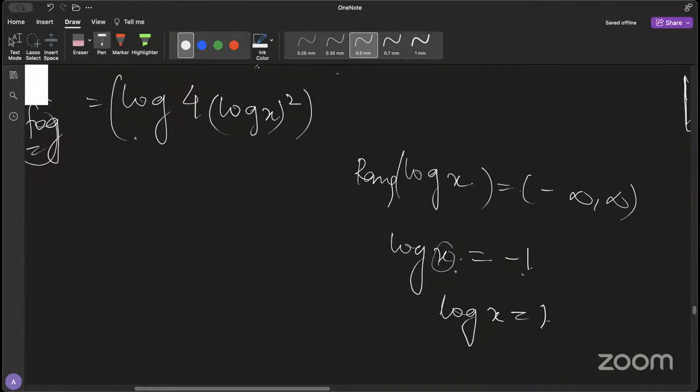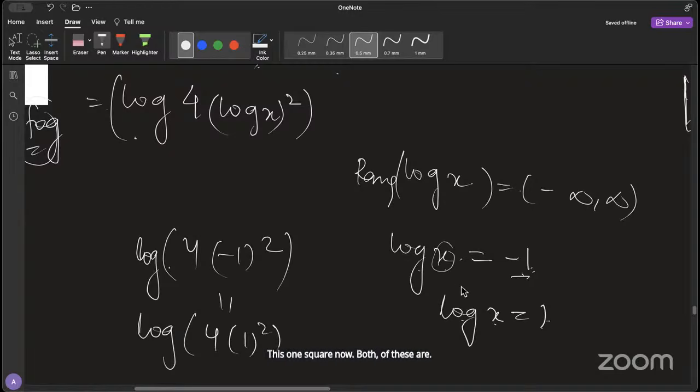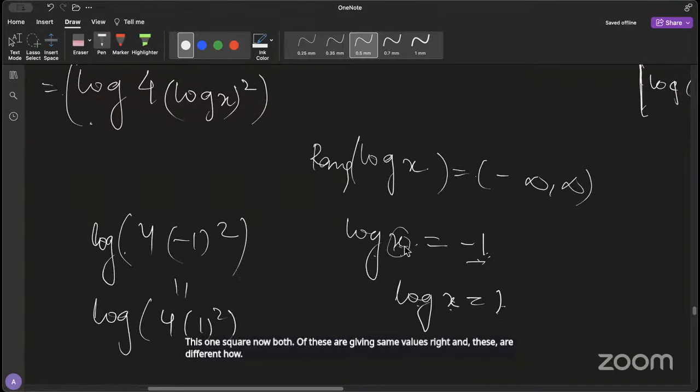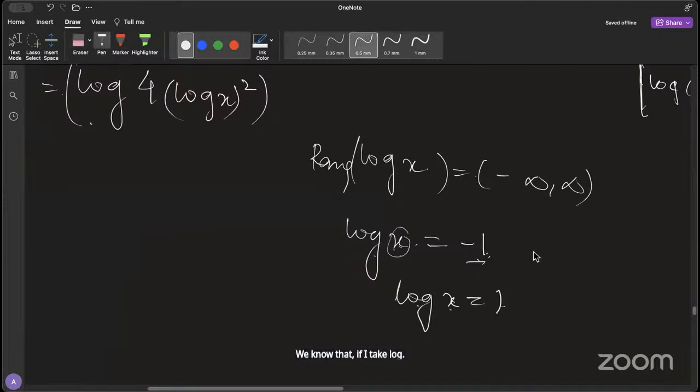Now that means log x can take -1 value and log x can also take 1 value. If it takes -1 value, then this will be -1 square times 4 and log of this thing, right? And if we take positive values, this 1 square. Now both of these are giving the same values, right? And these x are different. How do you know that these x are different? If I take log x, let's find it from here.